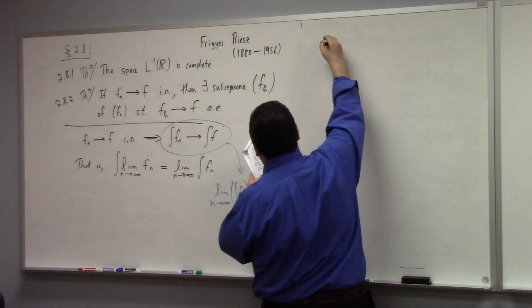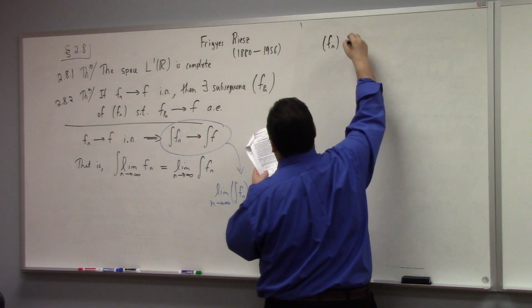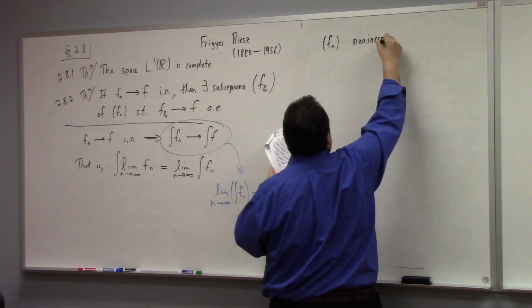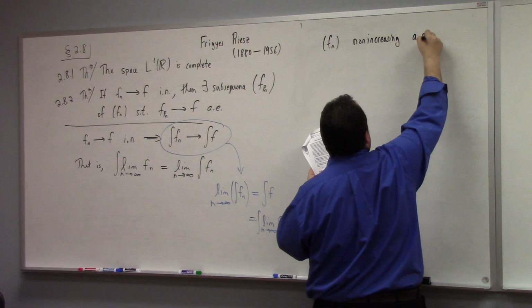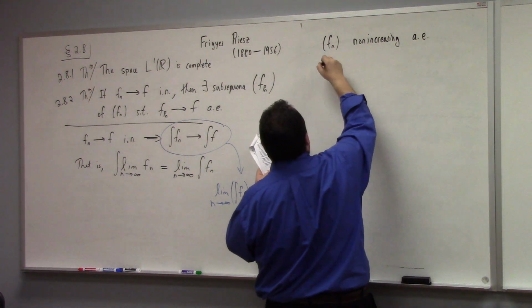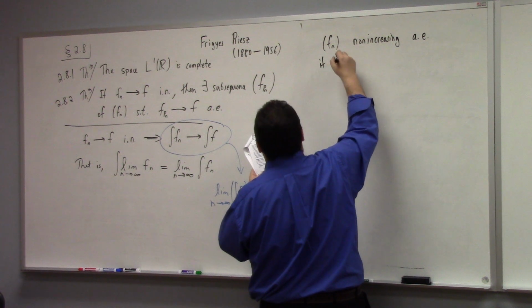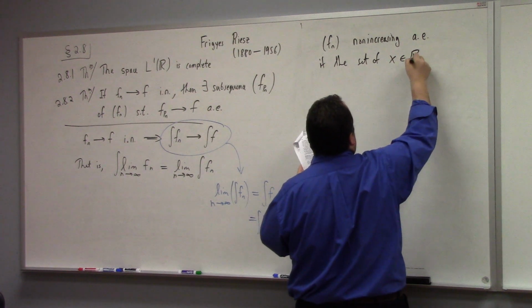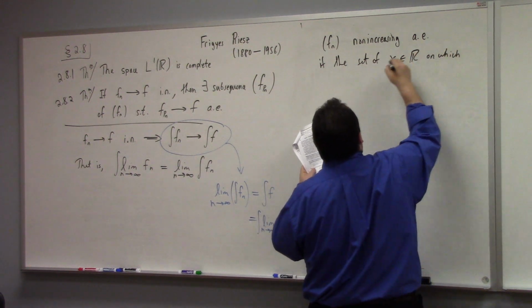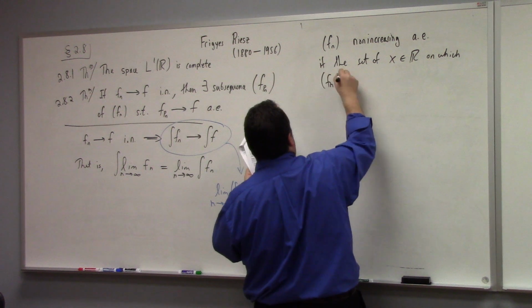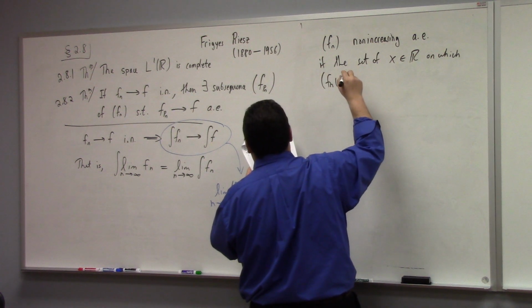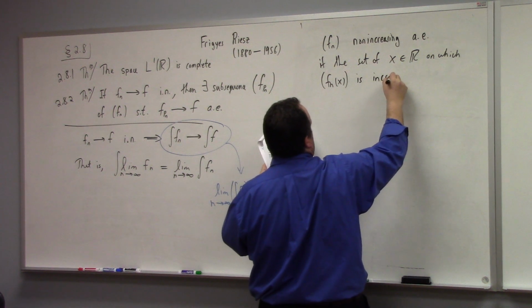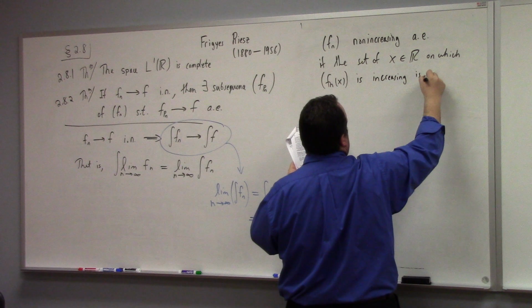Okay, fine, I'll write it down. Fn is non-increasing almost everywhere if the set of x in R on which Fn of x is increasing is a null set.